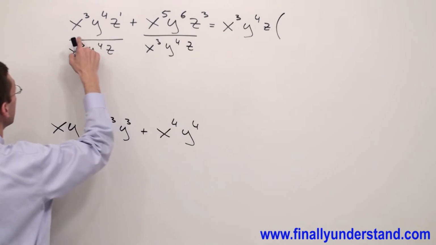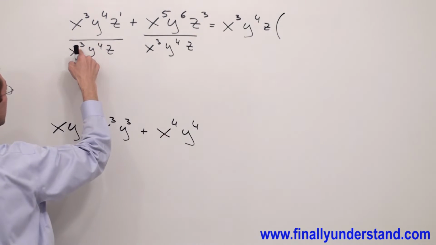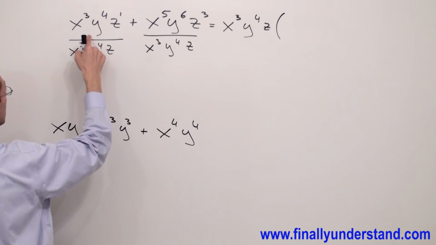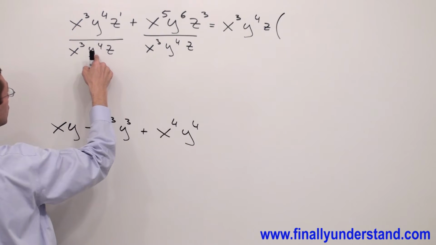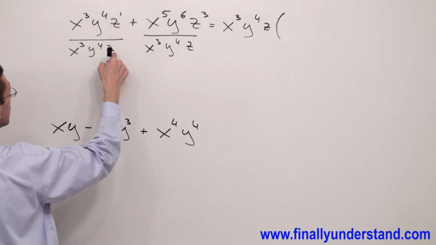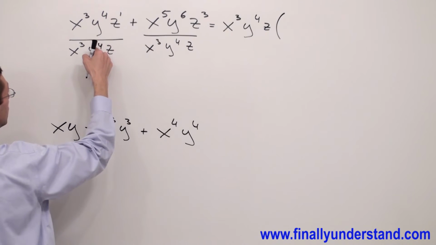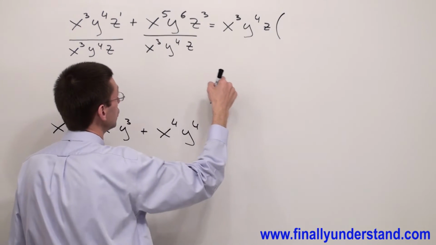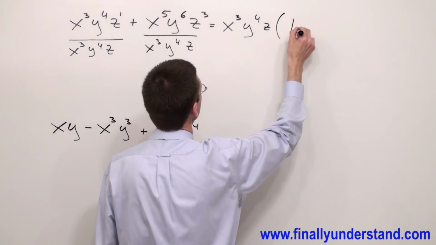Let's take a look. We have x to the third divided by x to the third is 1. Y to the fourth divided by y to the fourth is 1. Z to the first divided by z is 1. So this fraction is equal to 1.